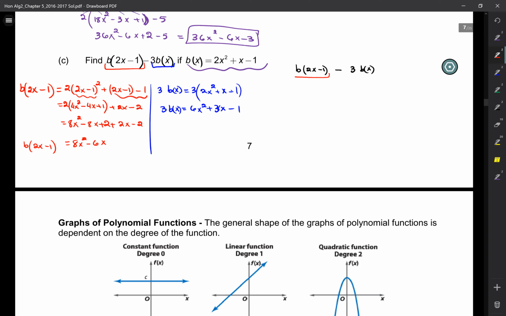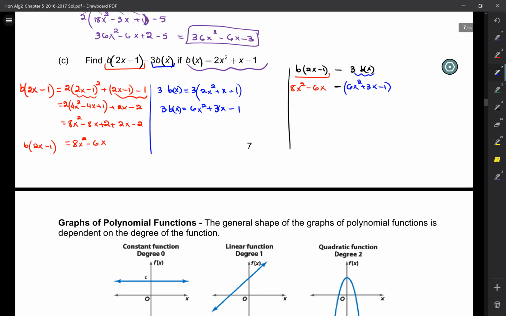And what did I find that to be? 8x squared minus 6x. Now, minus, and I found 3bx to be what? 6x squared plus 3x minus 1.